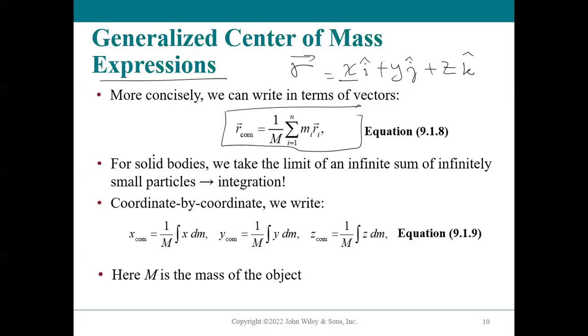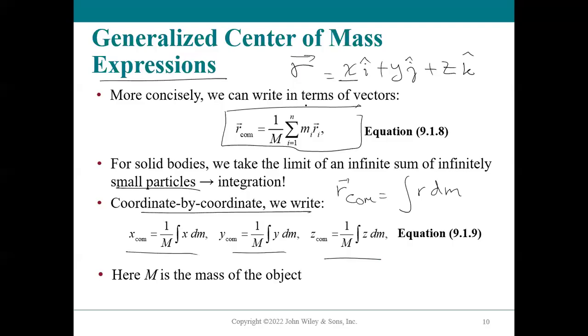Okay. So for solid bodies, we take the limit of an infinite sum of infinitely small particles. So it means that we use an integral. It means that r center of mass is usually the integral of r dm, divided by M. So coordinate by coordinate, you can write it at the x, y, and z axis.